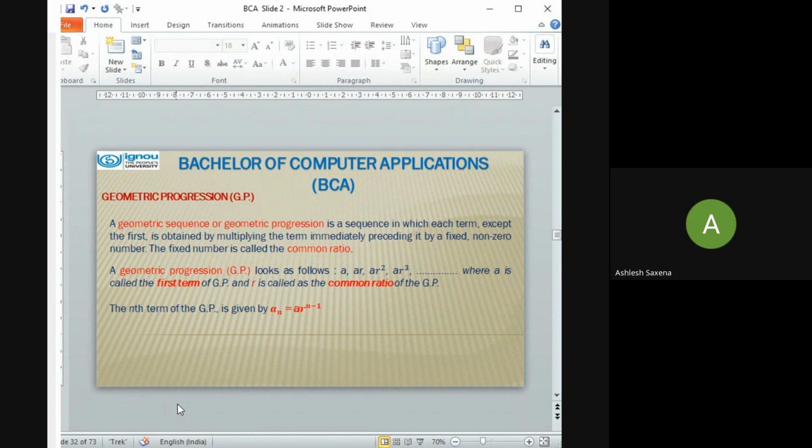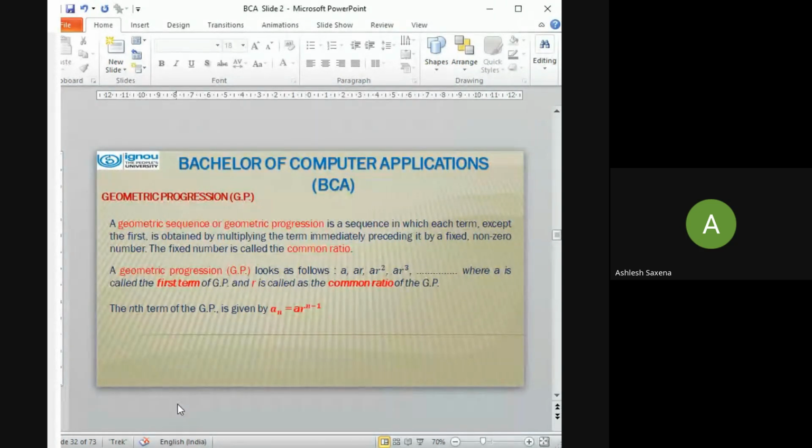Again, two or three formulas will be there. The first one is for the nth term, which is given by an or tn, equal to a times r raised to the power n minus 1. This is the first formula for geometric progression.